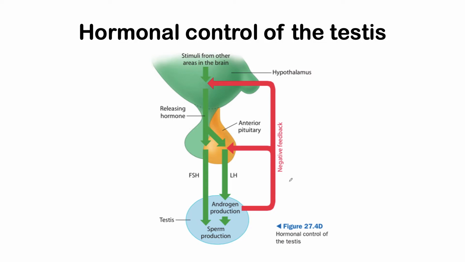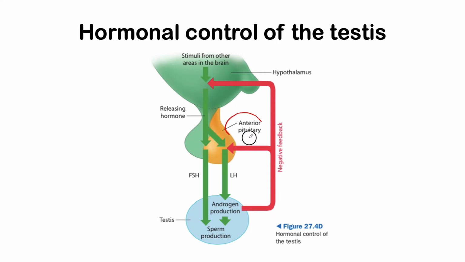Now, there are also hormonal controls of the testes. Okay, so you have in here stimuli from other brain areas, which includes your hypothalamus. That hypothalamus again will have a releasing hormone triggering the anterior pituitary.